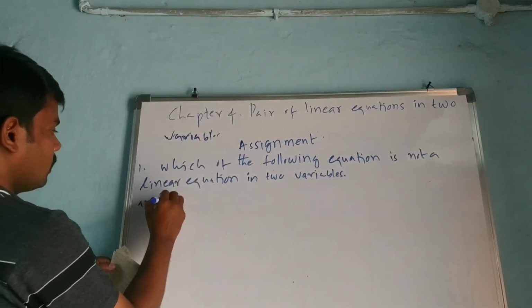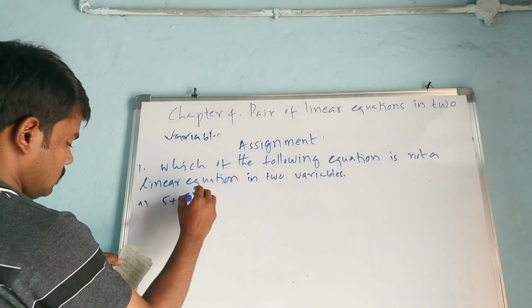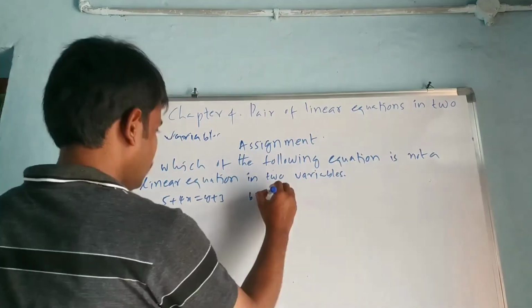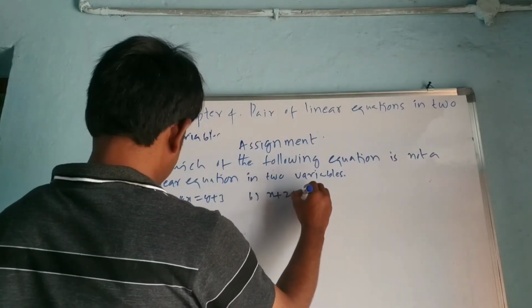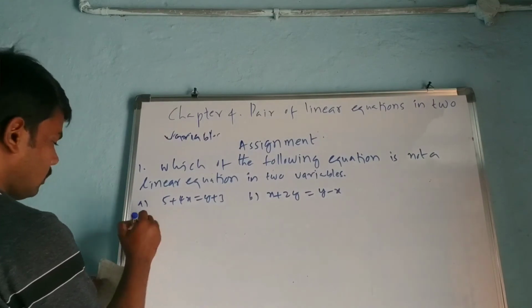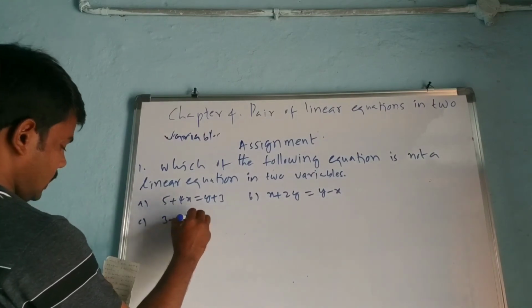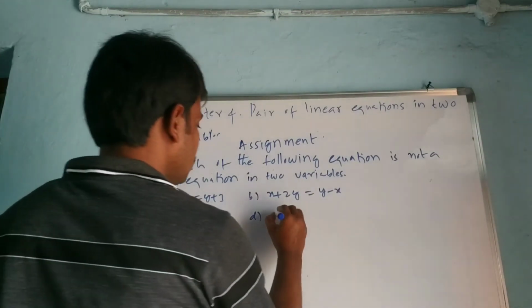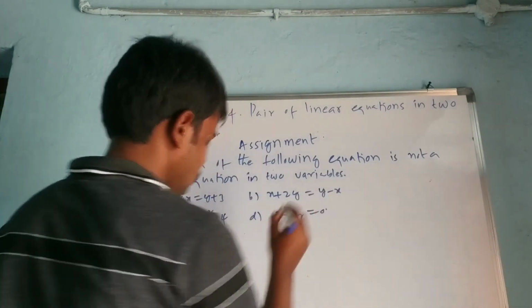Option A, y plus 4x is equal to y plus 3; option B, x plus 2y; option C, 3 minus x is equal to y square plus 4; and option D, x plus y is equal to 0.